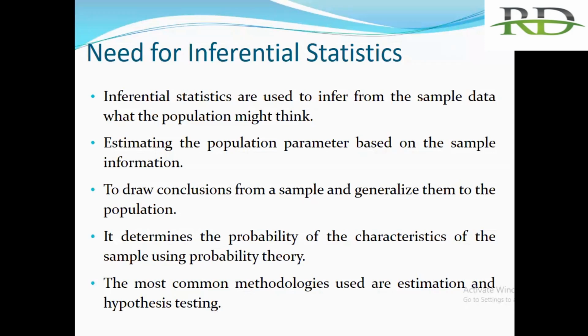We have a sample. First of all, you perform descriptive statistics on that sample. Why do you perform descriptive? Because we have to decide which test has to be performed. After we have decided on that, then we go into inferential, and then we try to generalize our results for the entire population. Right?